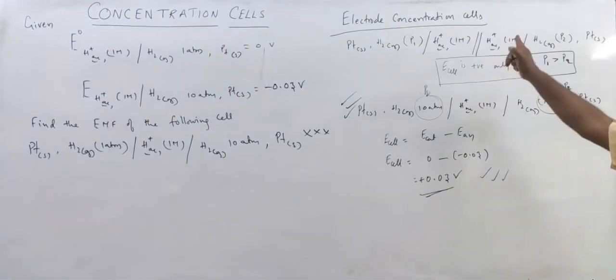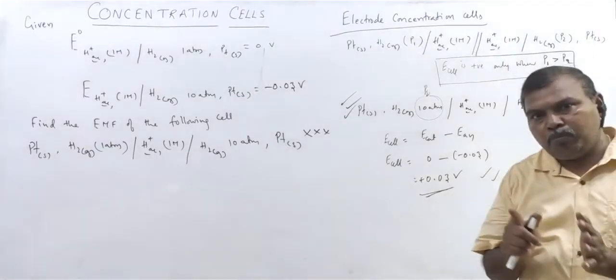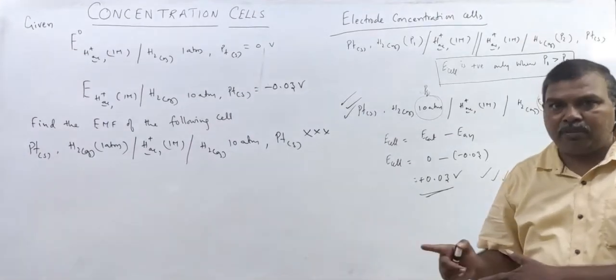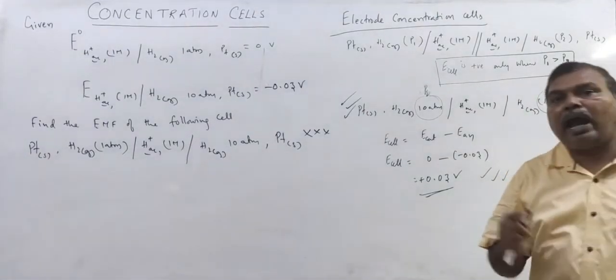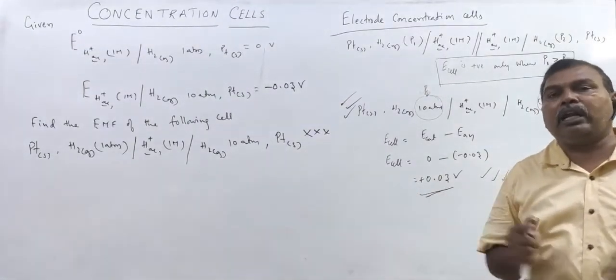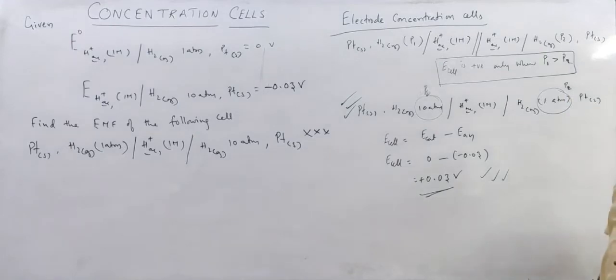In electrode concentration cells, the electrolyte concentration in both the compartments is the same and the electrodes are present at different active masses. So generally the electrodes are present at different pressures, because all gaseous electrodes only come under electrode concentration cells.